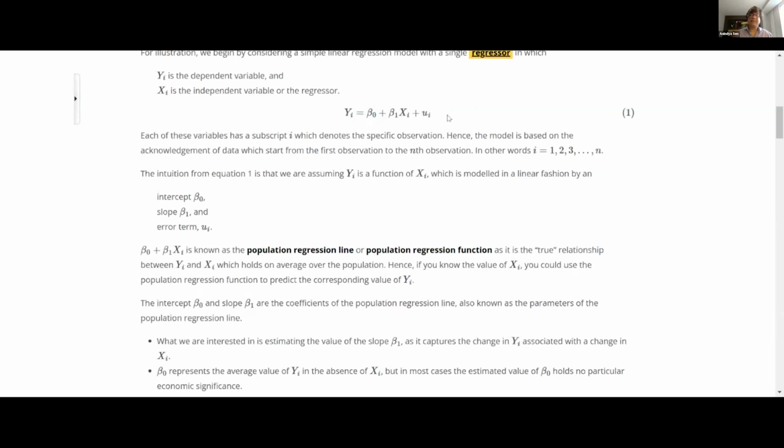Those factors are captured by u, because there's always some error which a statistician commits, something we haven't controlled for.